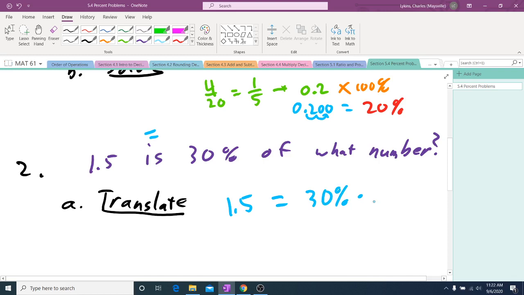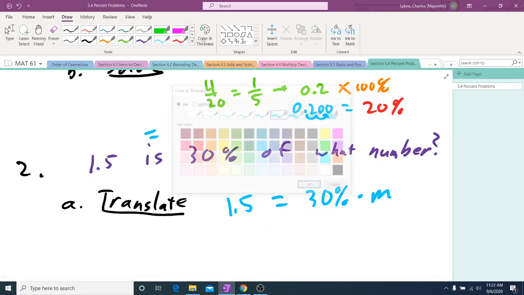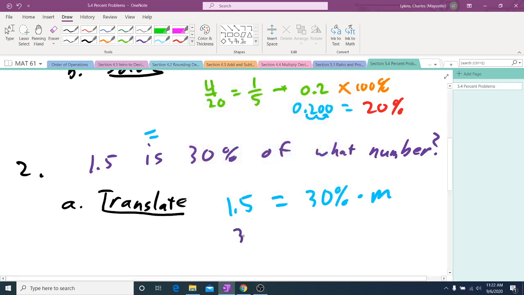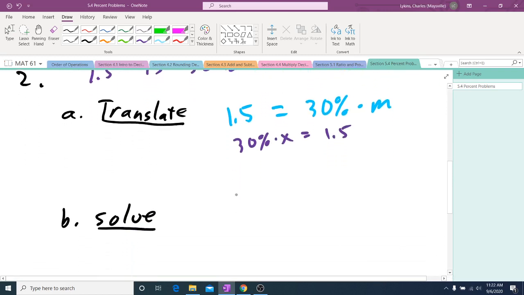Maybe we use M instead of X. So now this is like 30% times X equals 1.5. Now it's going to ask you to solve this.